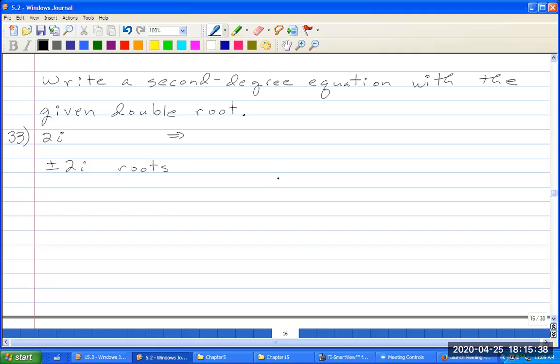Double root. Oh, this is supposed to be a double root?